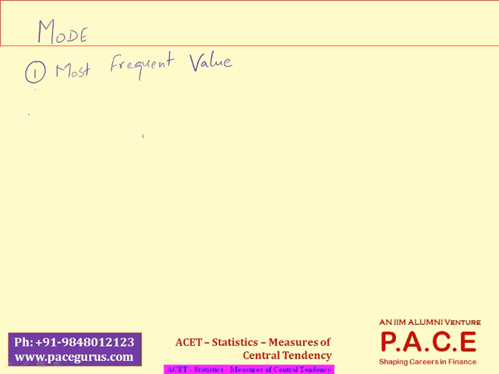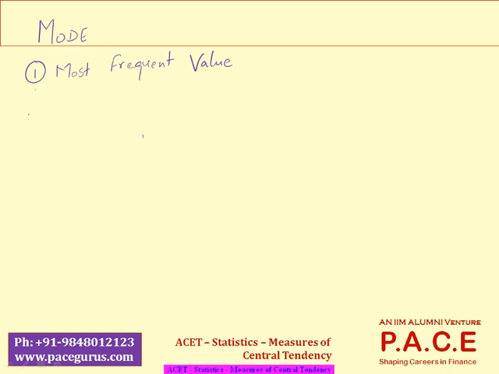And that is one measure of central tendency, because we have a notion that the maximum number of occurrences will occur somewhere around the average or somewhere in the middle. Extreme lower values and extreme higher values occur very less in number, but maximum concentration of the values will be in the center itself. That is how the mode got into the definition of a central tendency.